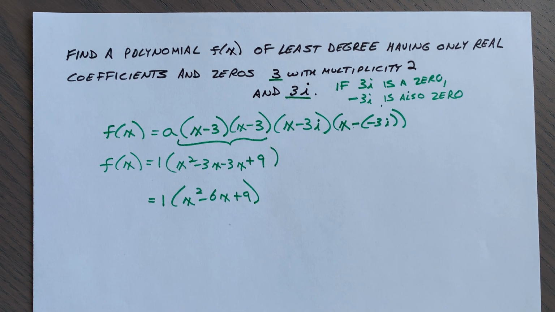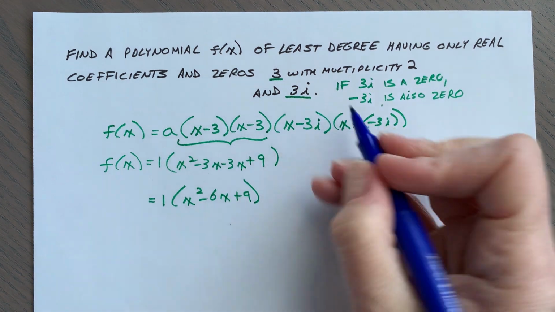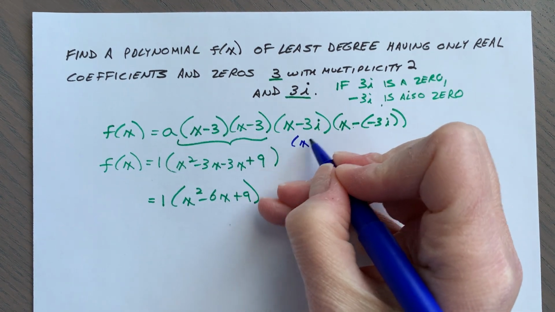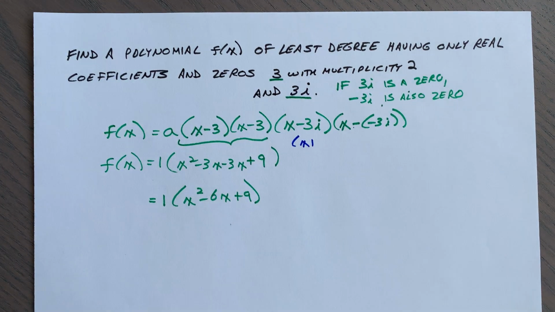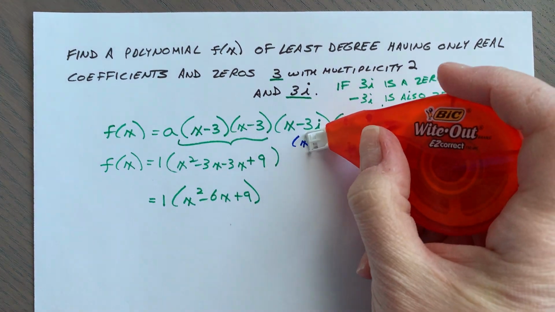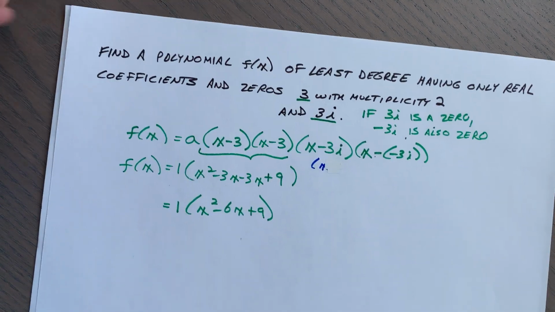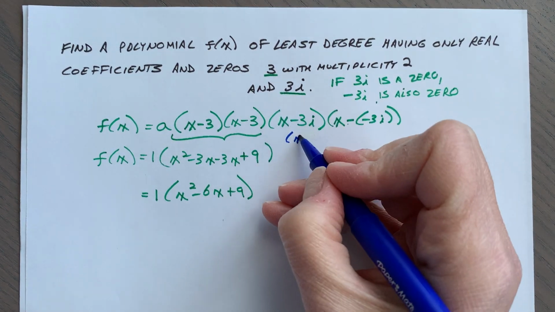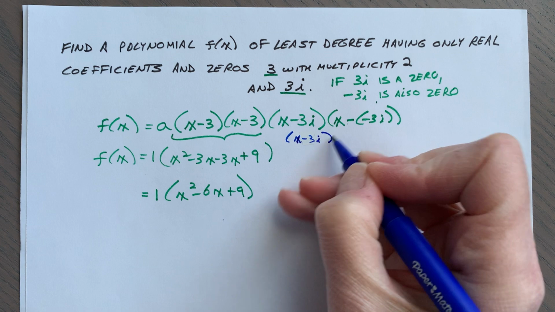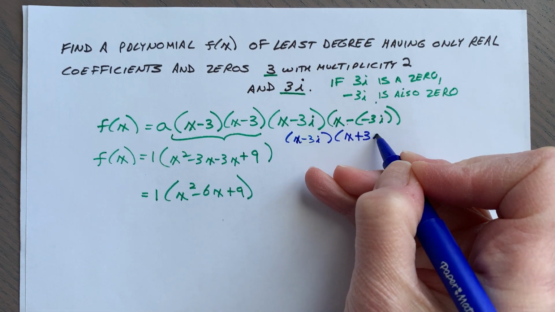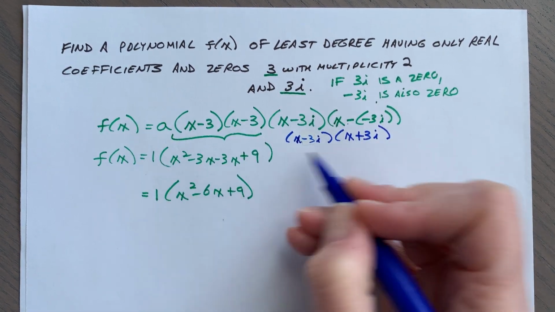And let's also then go ahead and distribute our complex conjugates here. I'm going to rewrite this, just so we don't have to worry about that double negative. So we have our x minus 3i. Remember, this is just x plus 3i. And let's go ahead and do this distribution.